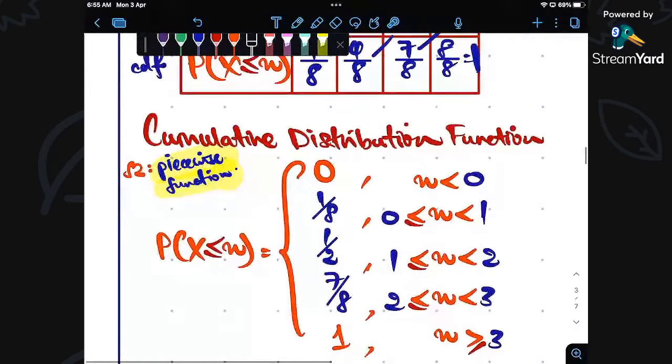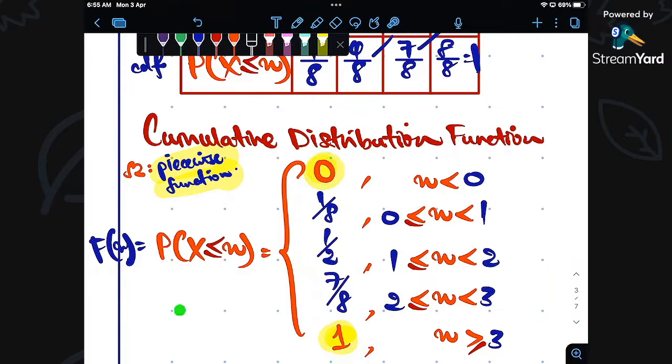Therefore, we got to write here F(x), or you can write down here P(X) less than or equal to x, which you put a curly bracket there. You must put 0 until 1. This is compulsory. 0 until 1 is where cumulative happens. It's from 0 until the total probability of 1.